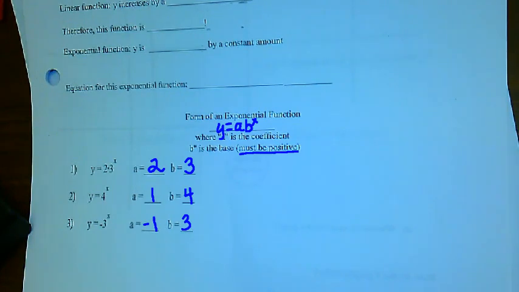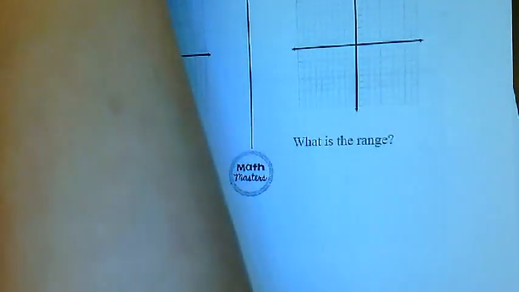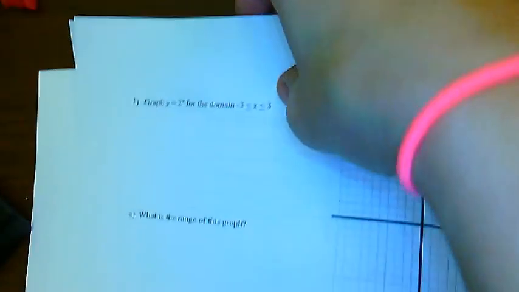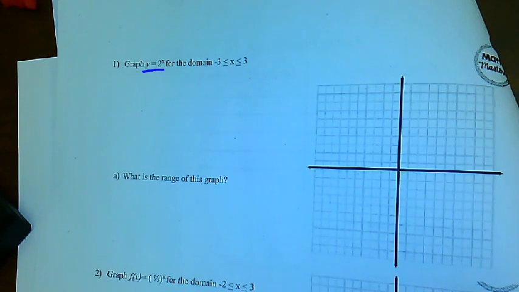Now we are going to actually graph these. We first have to talk about a little bit of notation. For this question, we have our function, the one we just talked about. Domain, remember, these are all of our x values.